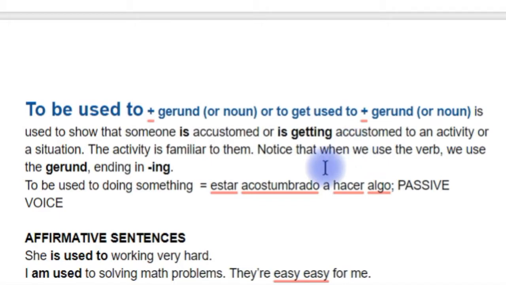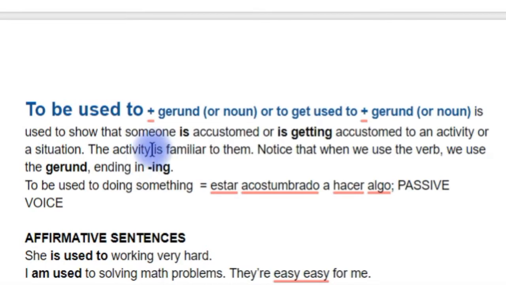It is more when you use get, which is also in English a form of passive that means we are in the process of becoming accustomed to an activity or a situation.